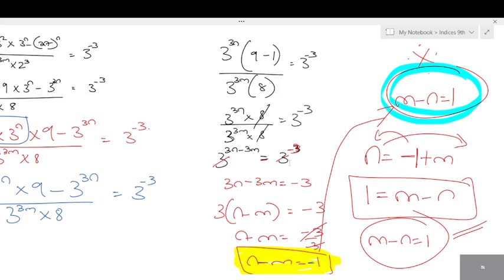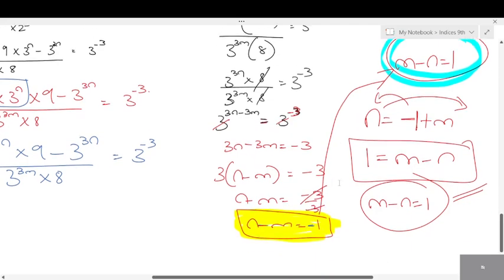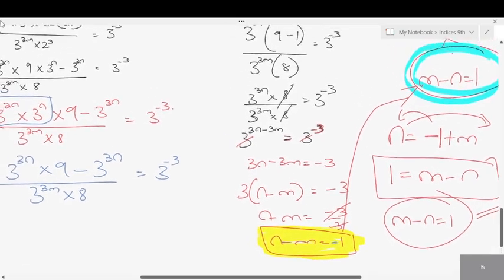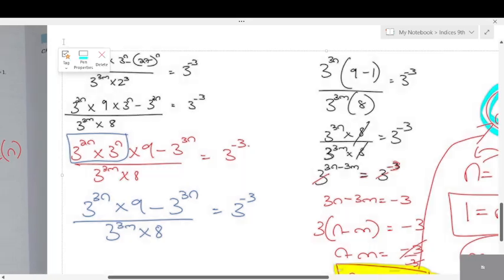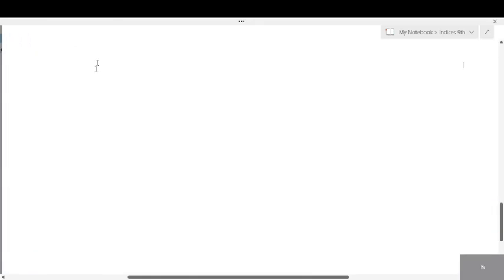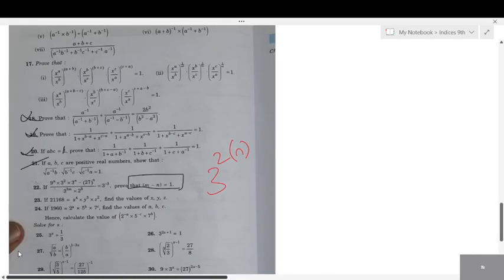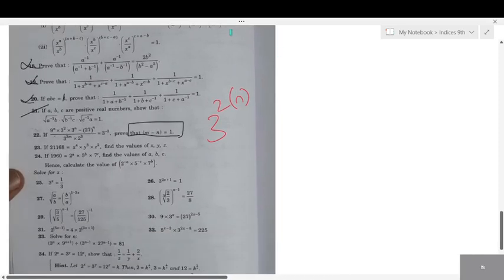Okay. Shall we try the next one? All of you all completed? Can you all respond? Kia, completed? Tony, Kia, Ananya, Angel. Next one. 22nd is done.